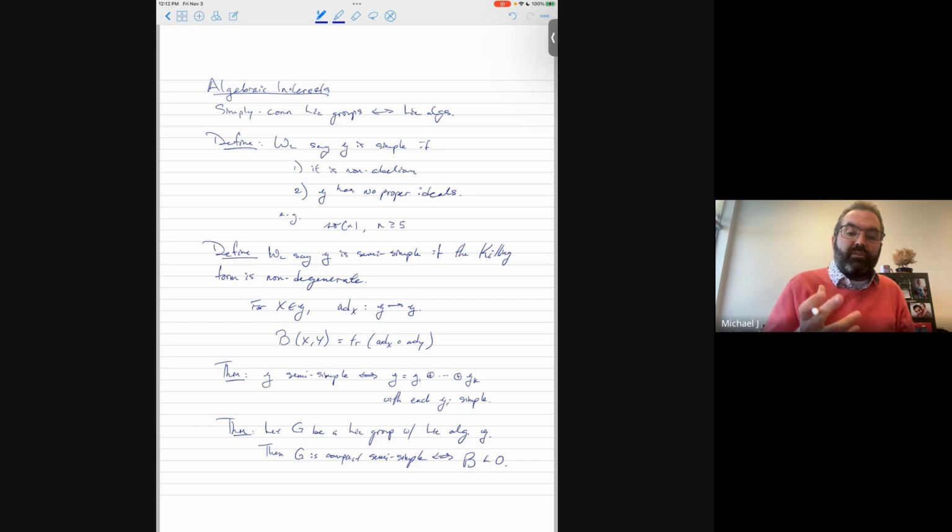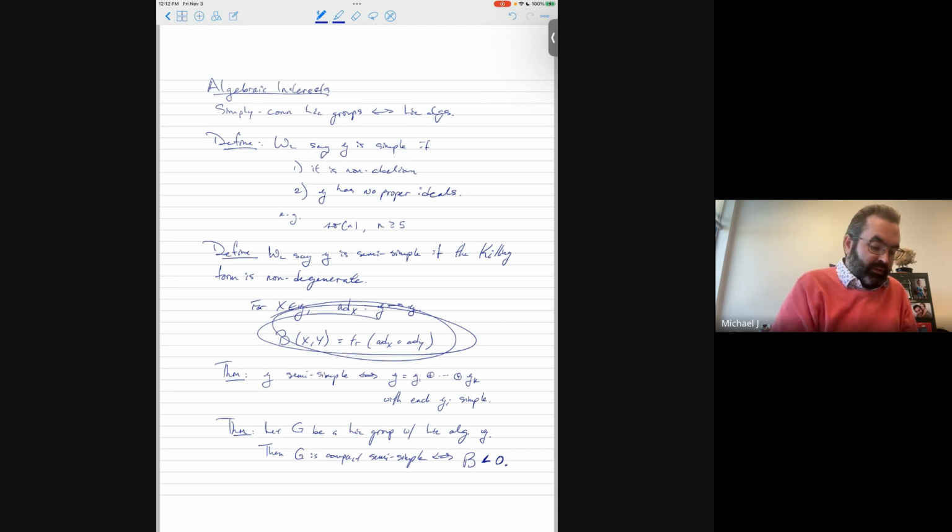So it's interesting because you can detect this topological feature of compactness just by working at the Lie algebra level and computing this symmetric bilinear form.